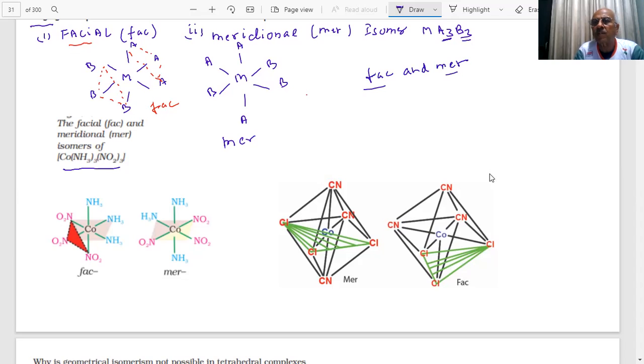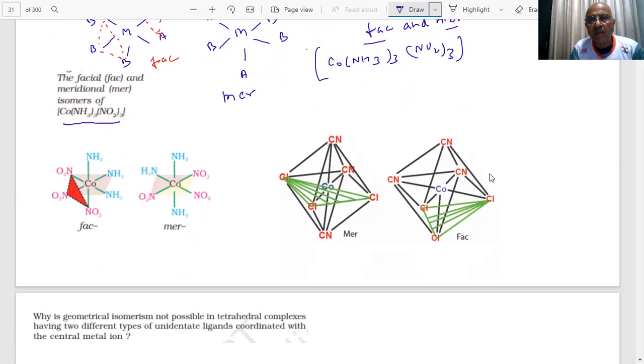A special type of isomerism. What is this? Co(NH3)3(NO2)3, students. For this we are drawing two isomers, geometrical isomers. One is FAC, the other is mer. Can you see it?